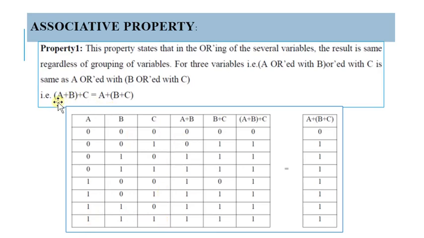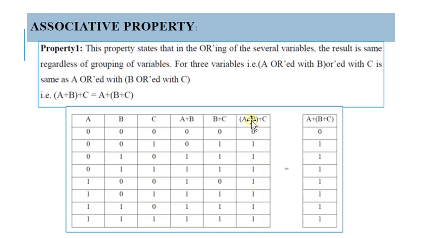And I am performing the operation for the first group, that is a plus b. Then I perform the operation of a plus b ORed with c, and the result I obtain here is a plus b plus c. So this is the result that you obtain.